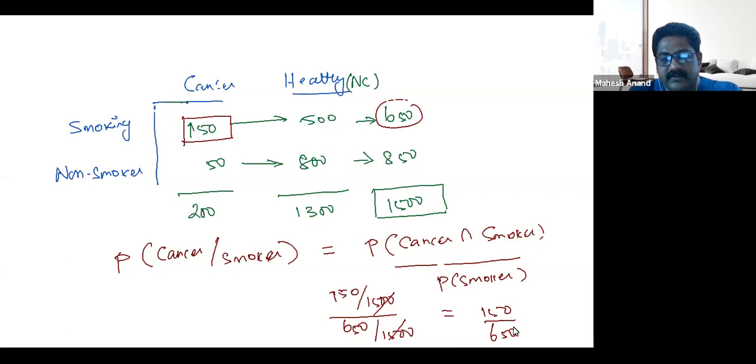We can say 15 by 65, which is around 23 percent, roughly. He has a 23% chance of having cancer. So in real world applications, we can make use of this conditional probability.